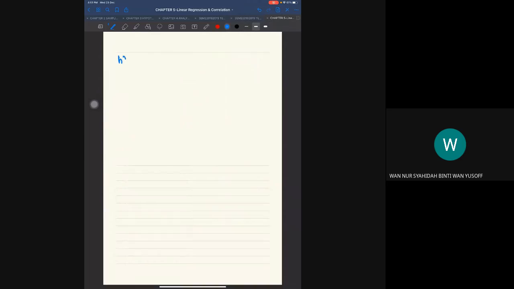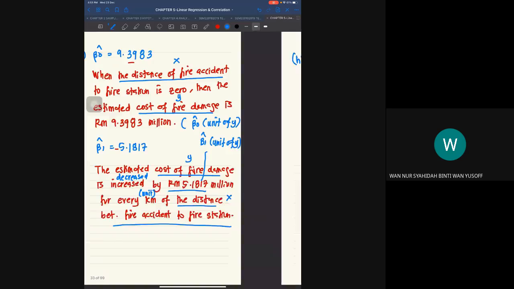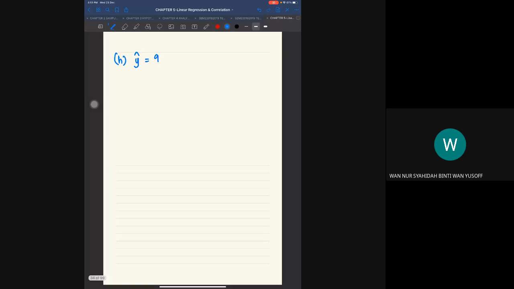So just now we have this model. We need to predict the cost, which is the Y. So that means we substitute the X here with the 10.